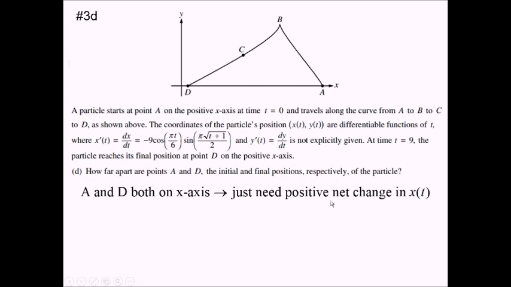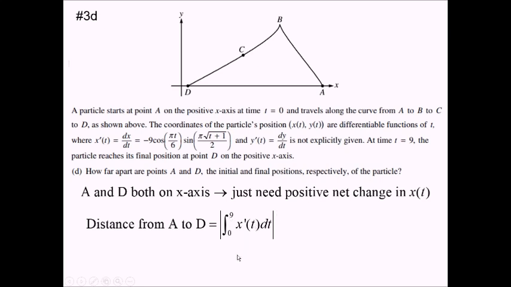So if I just want the net positive change, I just need to integrate the derivative of x over that time interval. So I'm going to just write the absolute value of the integral from 0 to 9 of x prime of t dt. That's just going to give me the net change, but again, I want to make that positive, so there's the absolute value.